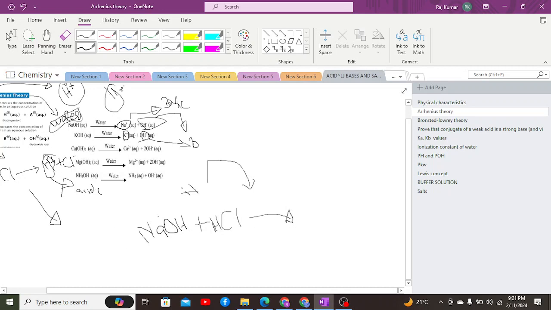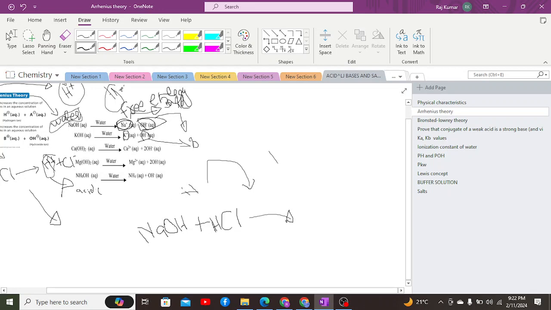Individually we can write the equation as sodium hydroxide dissociated into sodium ion and OH ion, but when it is dissociated into water, there will be some sort of free energy released, and that free energy, let me just clearly write it here.